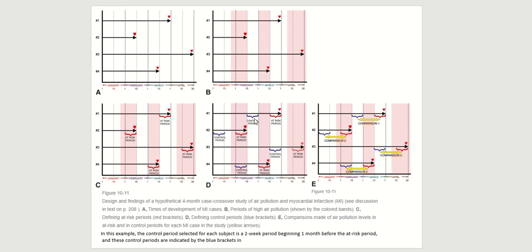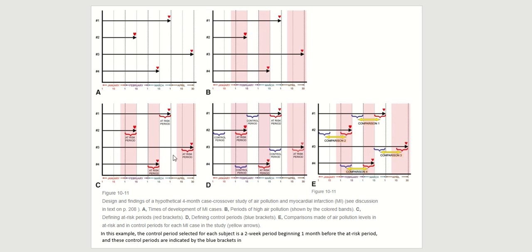And so basically what happened, as I was saying, for every outcome, the period just before the outcome happened, like 2 weeks before, is considered the period at risk, and exposure. So for example, the first person during their risk period, there was no pollution. The other 3 were exposed to pollution.